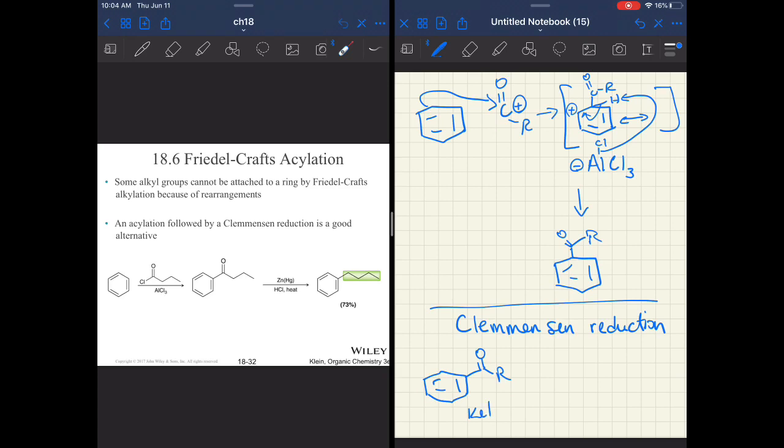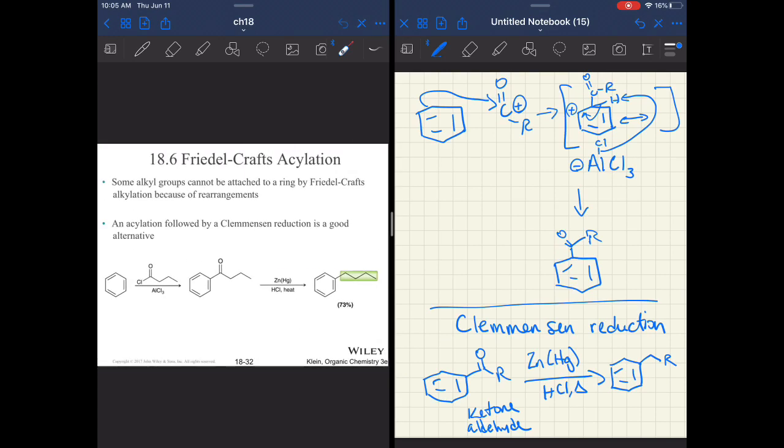It's specifically ketones and maybe an aldehyde. And you are going to take a zinc-mercury amalgam and HCl and heat. What that's going to do is take that C double bond O down to a CH2. Just going to wipe that carbonyl right off. So this is one way that you could avoid rearrangements and make a longer straight chain.